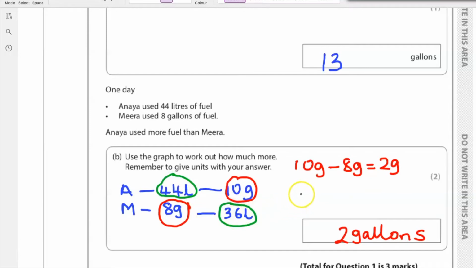So we can say 44 liters take away 36 liters is equal to 8 liters. So your answer could either be 2 gallons or 8 liters, whichever one you prefer.